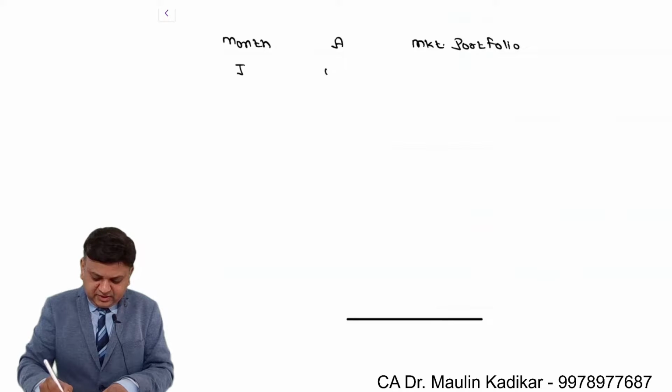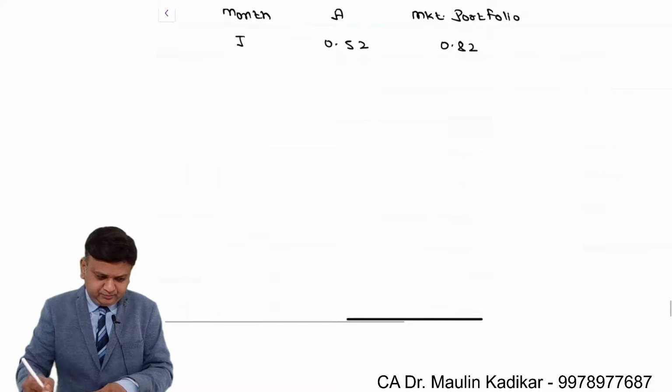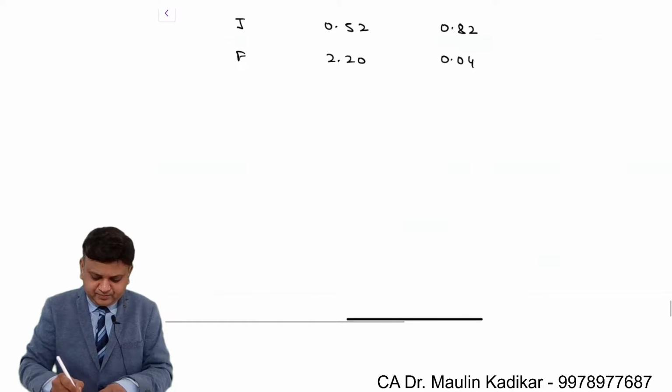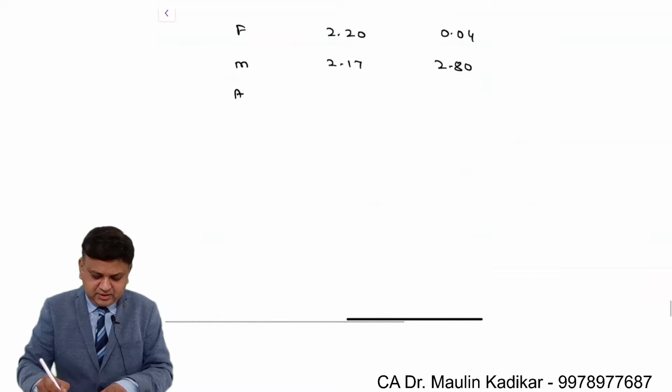In the month of January, it is 0.52, 0.82. In the month of February, 2.20, 0.04. March, 2.17, 2.80. April, it is 4.17, 1.72.